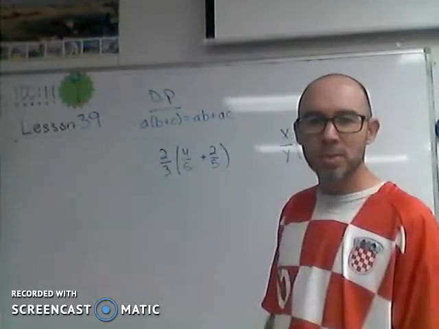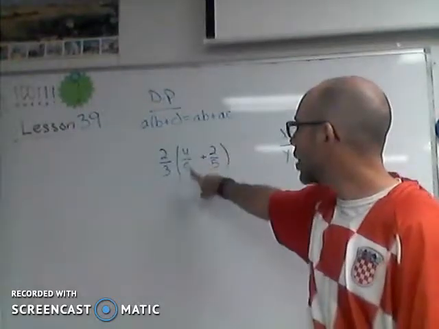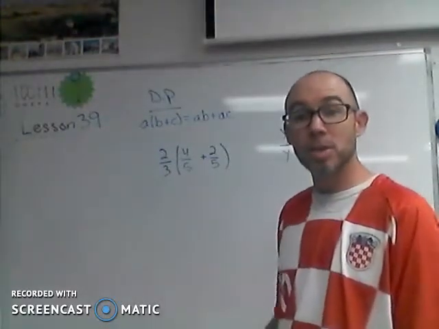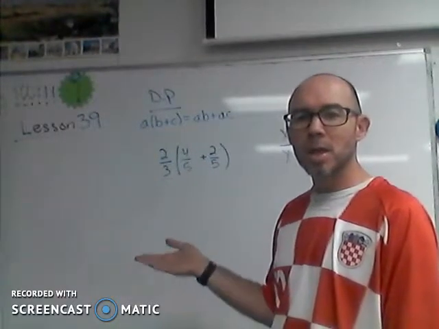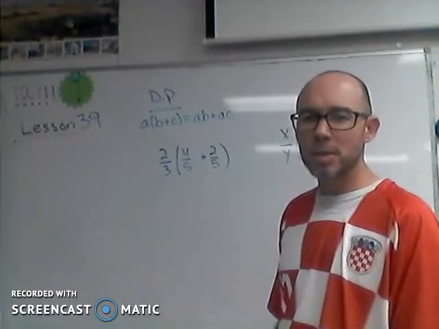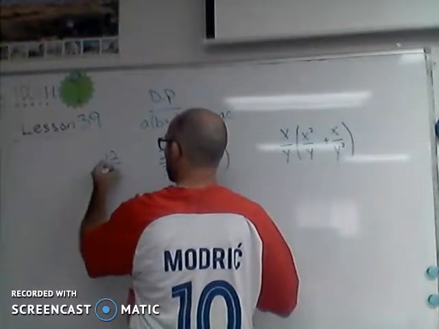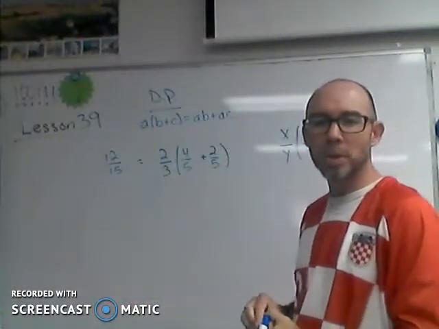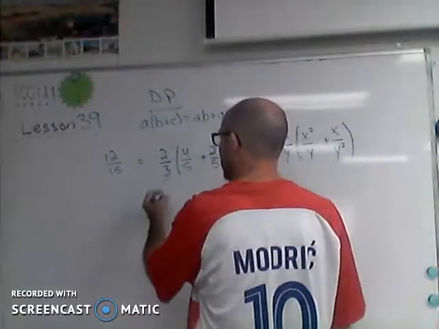This would be an easy addition problem, and then multiplication at the end. So we would have 6/5 times 2/3. 6 times 2 is 12, and 5 times 3 is 15. So we should get 12/15 out of this. Okay? So let's just put that over here on the side, that this should equal 12/15, which is reducible, but there you go.